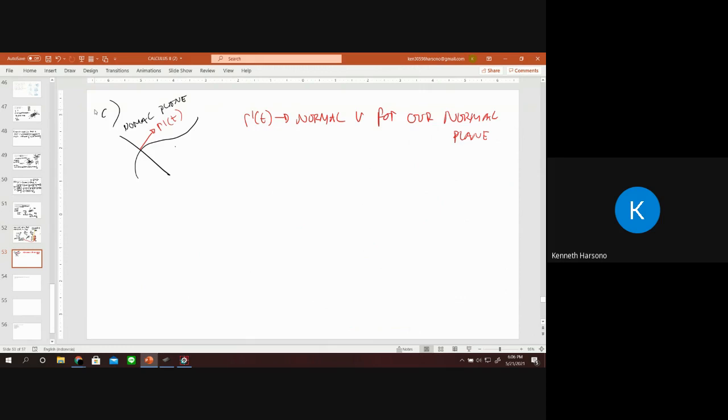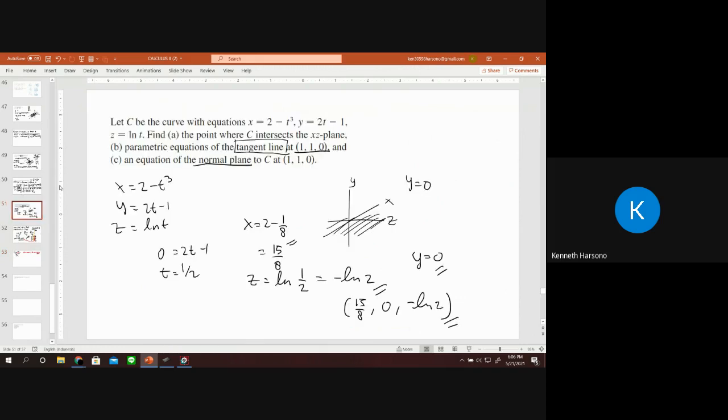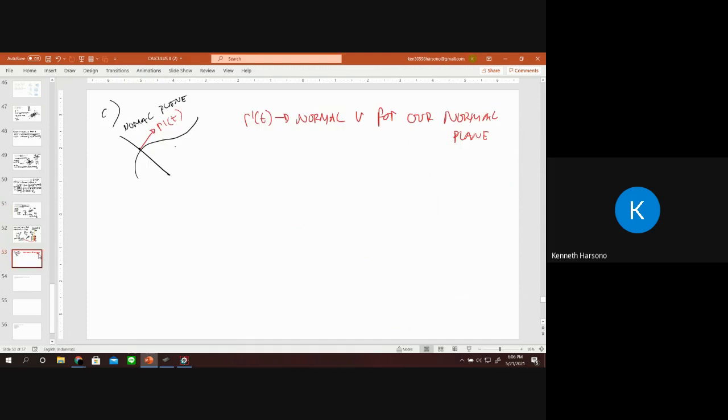The normal plane here is on the same point, right? Same point here. So you can just use the equation a(x minus x0) plus b(y minus y0) plus c(z minus z0) is equal to 0. This one is the normal vector for the plane, and this one is a point in the plane.